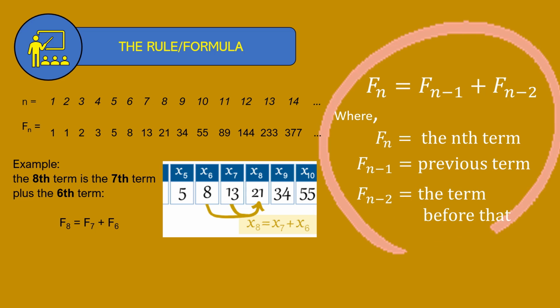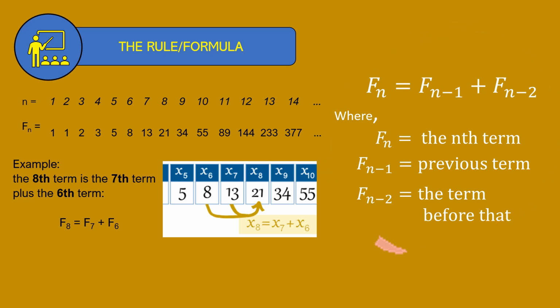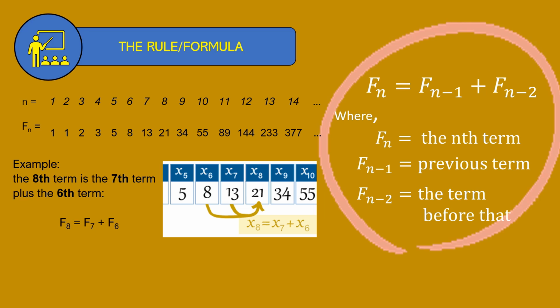In getting the 15th term, we add the 14th term and the 13th term. In getting the 20th term, we add the 19th term and the 18th term. This is how you get the Fibonacci sequence.